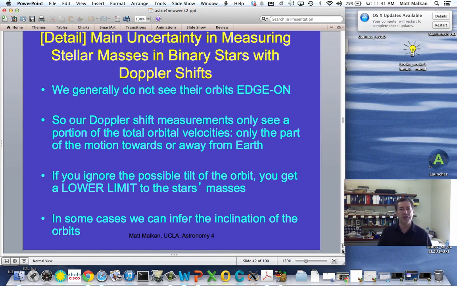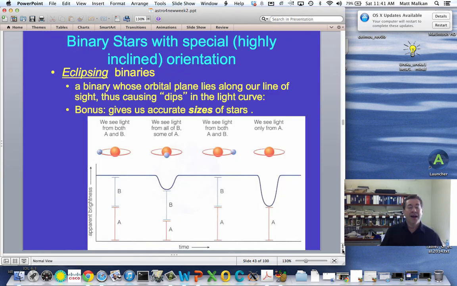There is one golden situation where we can be absolutely confident with 100% certainty that we have found a binary system which is viewed exactly edge-on, which is what we want, to get the exact masses. And what would that be? Two stars which are moving around exactly in the plane that the Earth also lies in, our viewing plane.